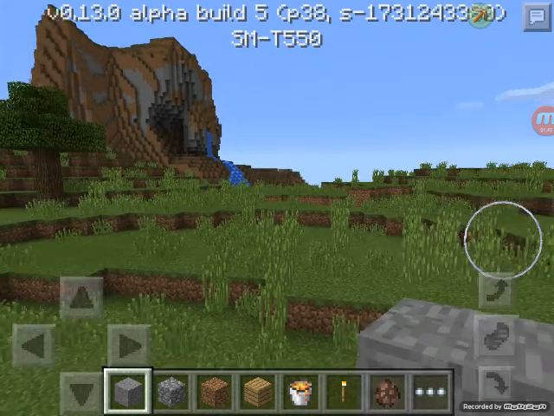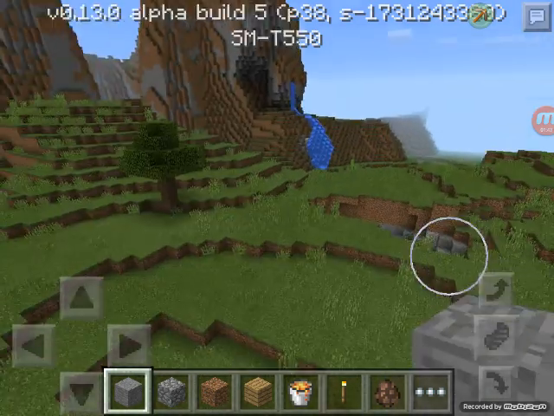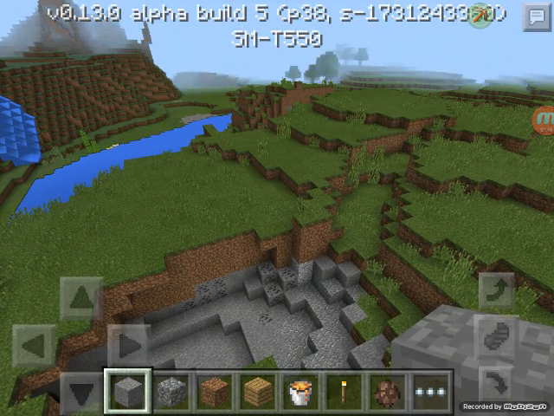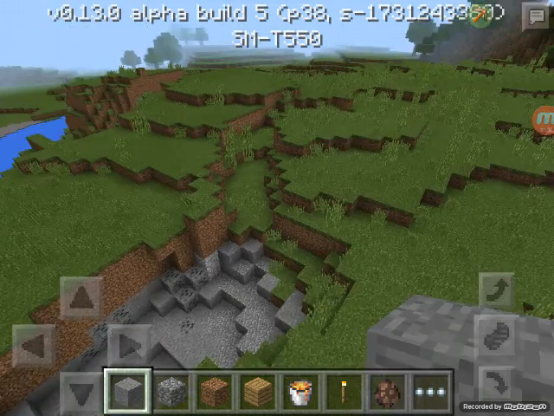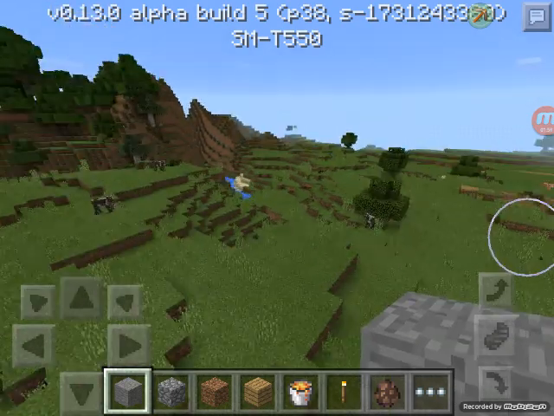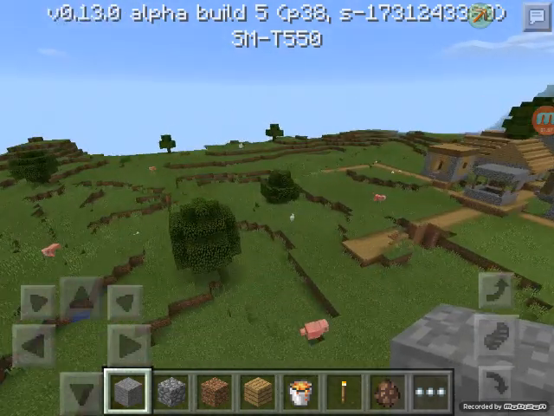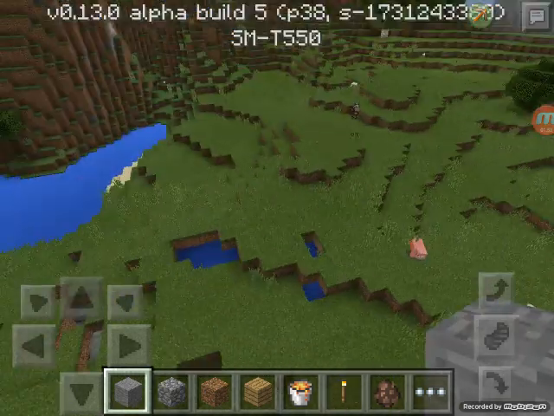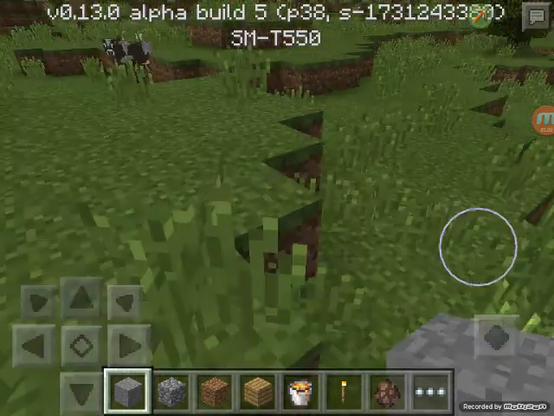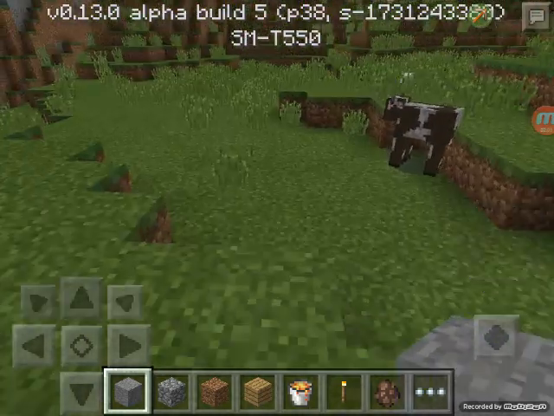So, now we're going to move on to the geosphere. The geosphere is the opposite of biosphere. Geo is non-living and rocks.